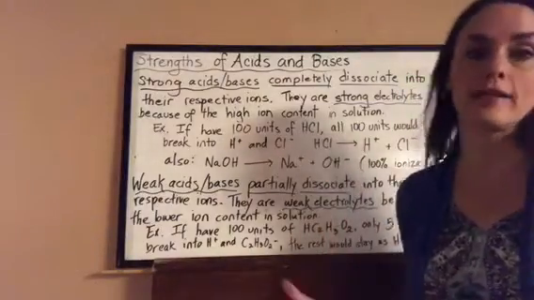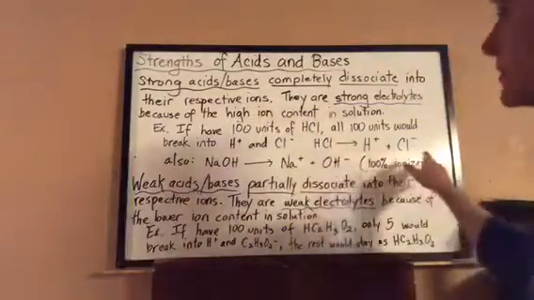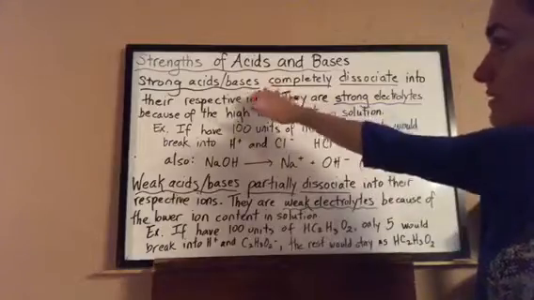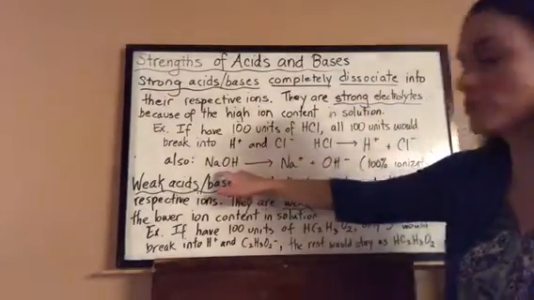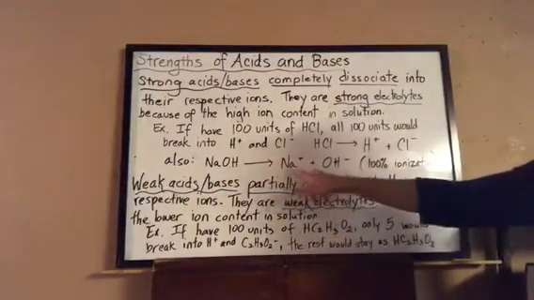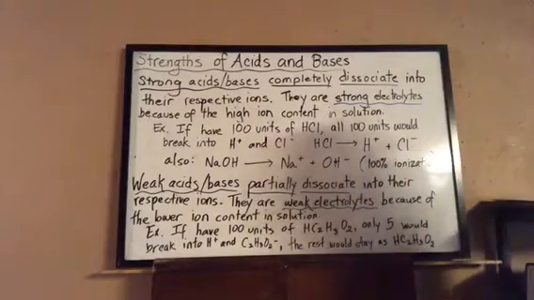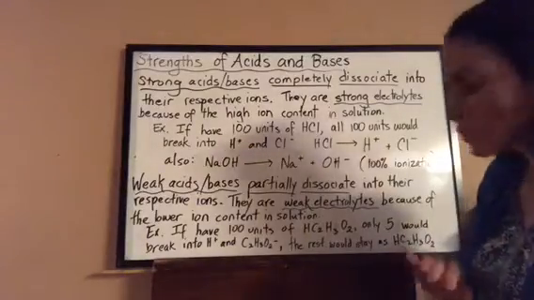It was such a high conductivity value that the meter couldn't even register it. Another example of a strong base, which is also a strong electrolyte, is sodium hydroxide. If you had 100 units of sodium hydroxide, all 100 units would break apart into the sodium ion and the hydroxide ion. You'd have complete ionization, high ion content: strong acids, strong bases, strong electrolytes.